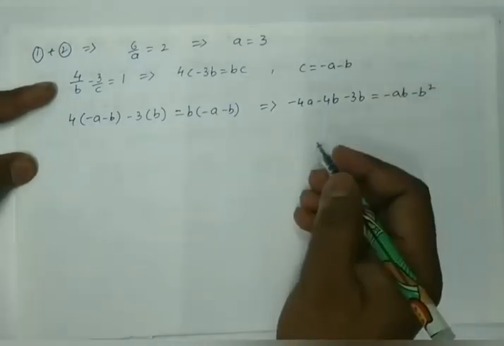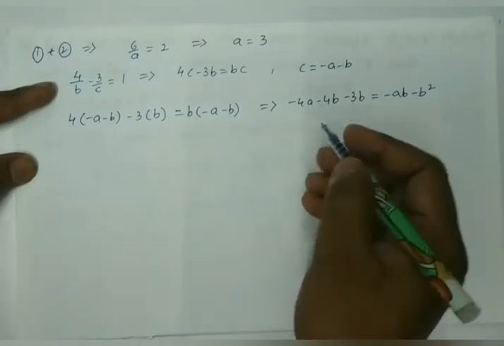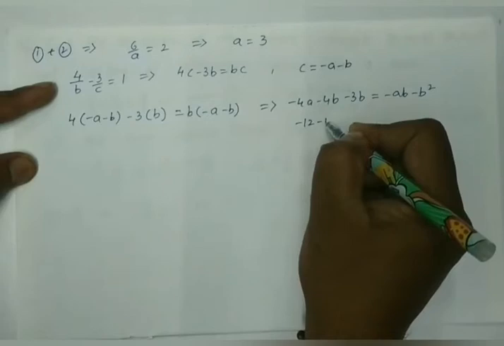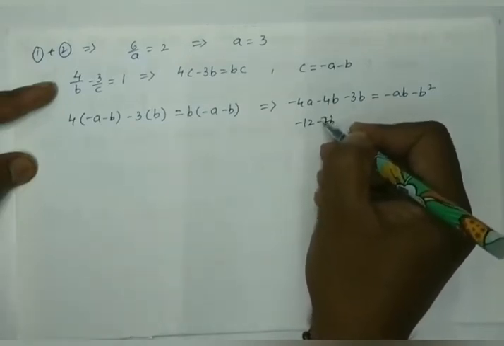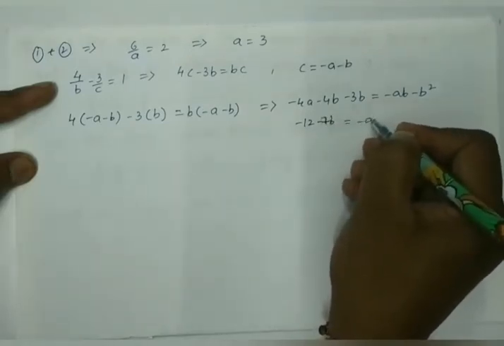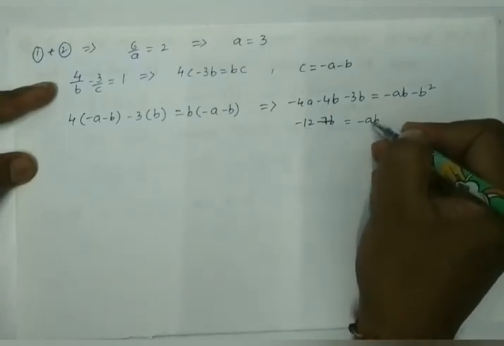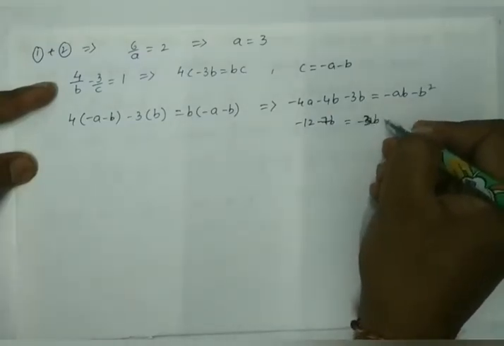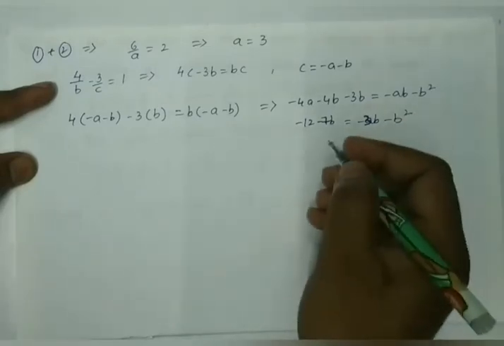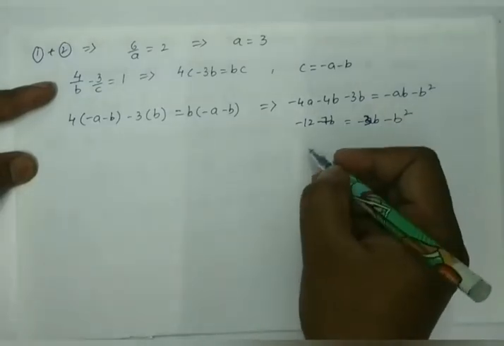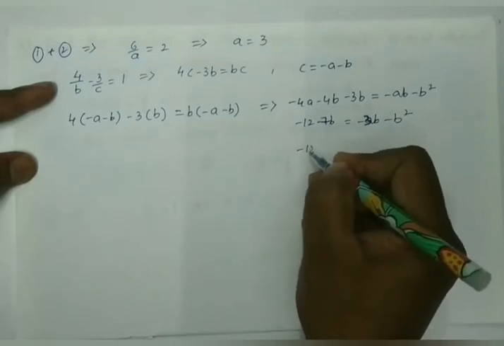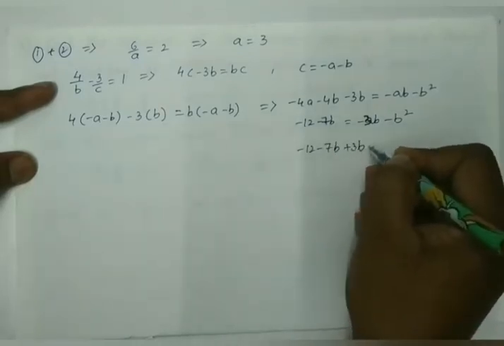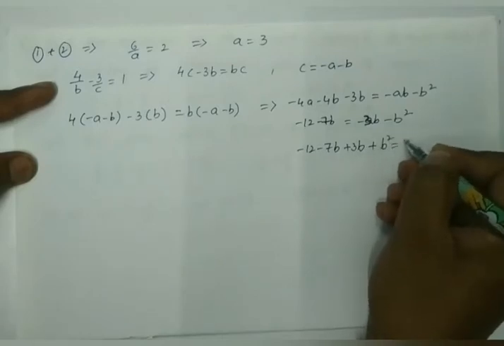Now let us substitute a is equal to 3 here. We get minus 12, minus 4b minus 3b is minus 7b, is equal to minus ab, which is minus 3b, minus b square. So this equation becomes minus 12 minus 7b plus 3b plus b square is equal to 0.